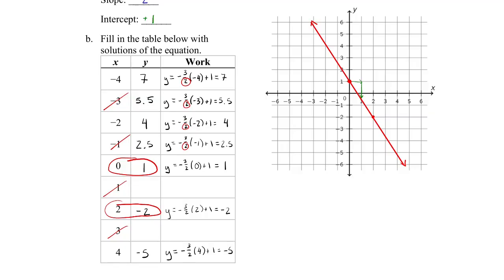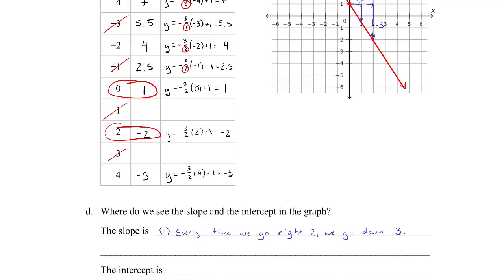It looks like maybe we go down 3/2, which would be 1.5. I like it better if I go to the right 2 and then down 3. So I'm going to say that the slope says every time we go right 2 units, we go down 3 units.